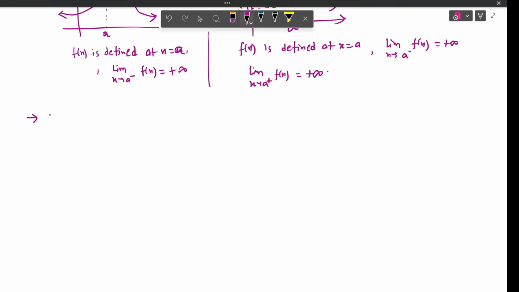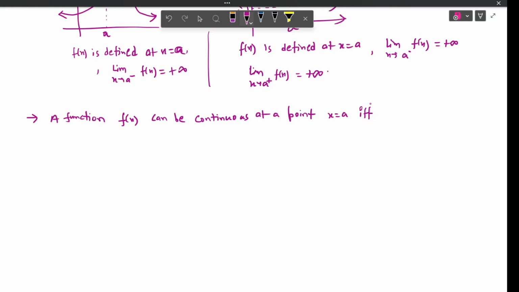So let me write it down. A function f of x can be continuous at a point x equals a if and only if, right?